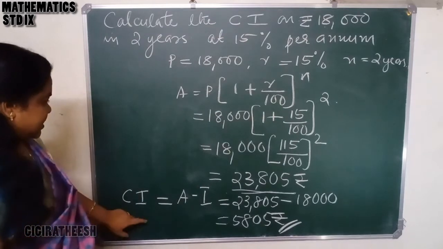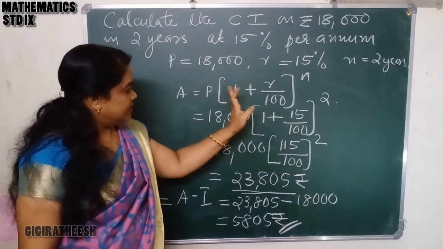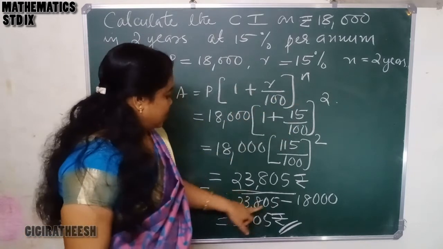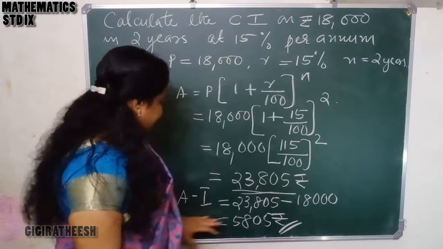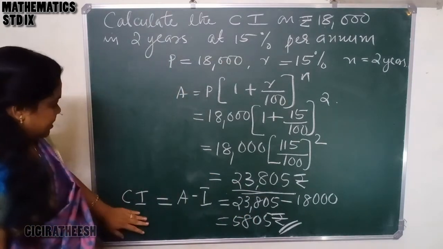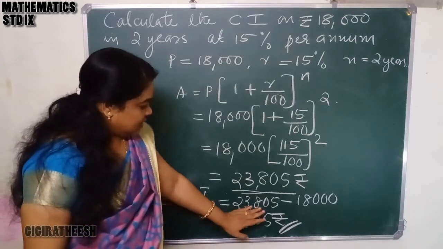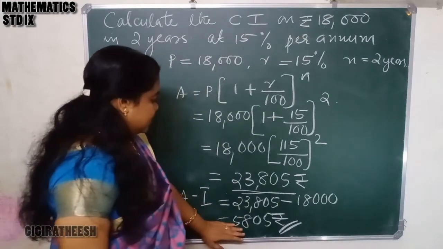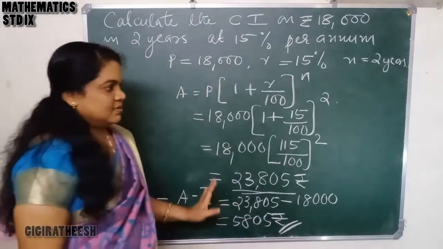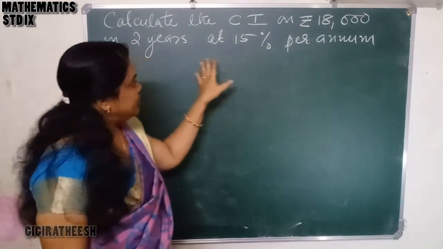So calculating with the formula P into 1 plus R by 100 the whole raised to N, we get A equal to 23,805, and CI is A minus P, equal to 5,805 rupees.